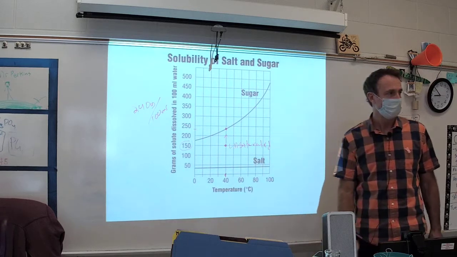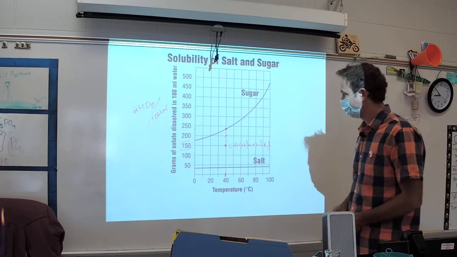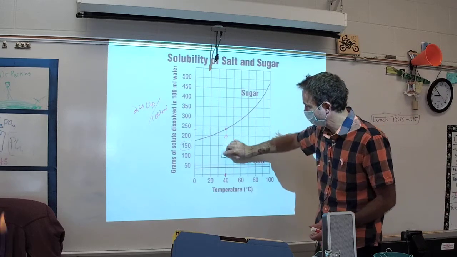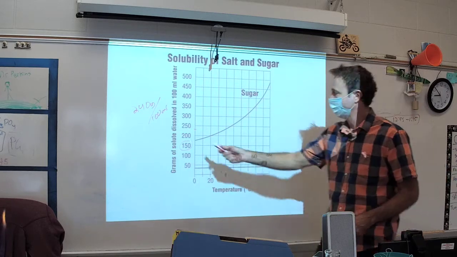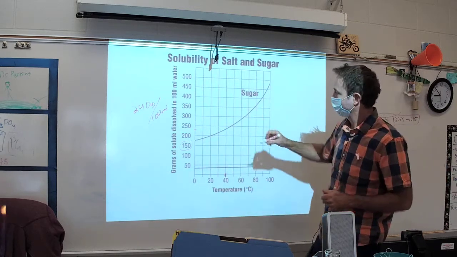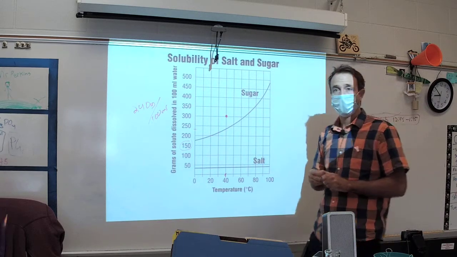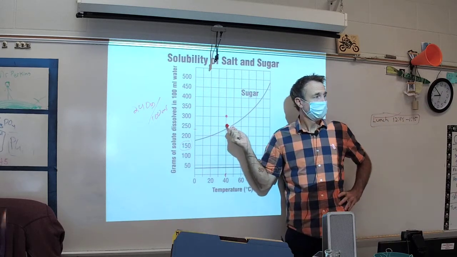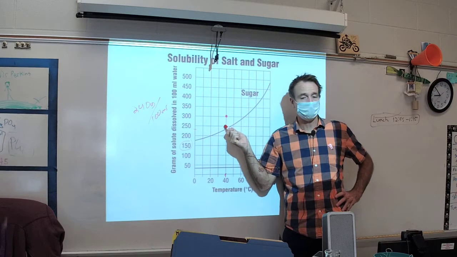Unsaturated, okay? And then lastly, do y'all think that if we tried, we could ever get, if this is our line of saturation, do you think we could ever get this much sugar in it? Think we could ever be above the line? What do you think? I got some no's and some yeses out there.